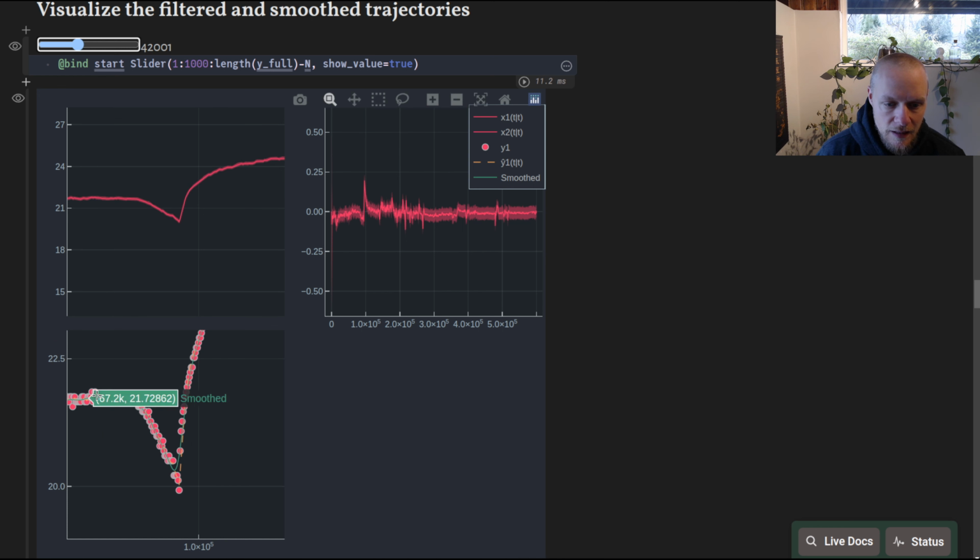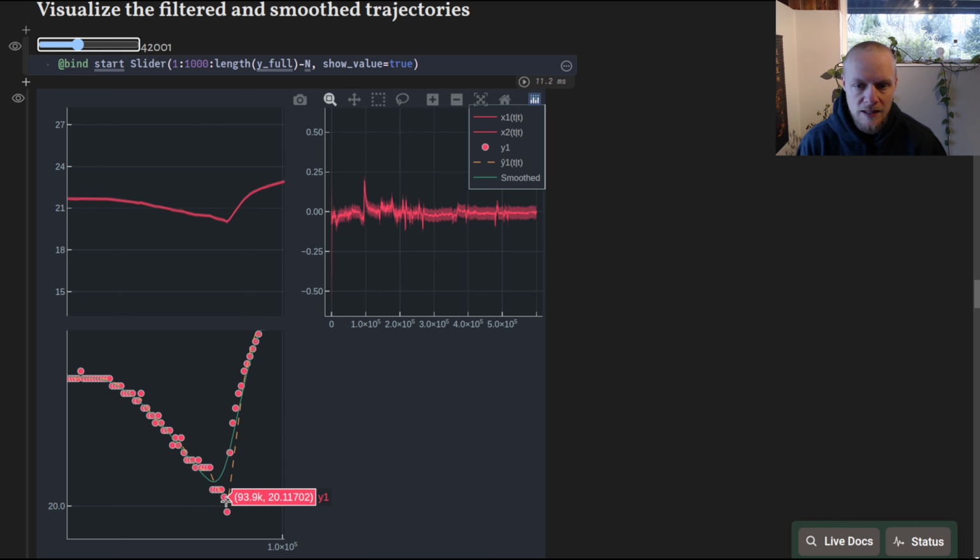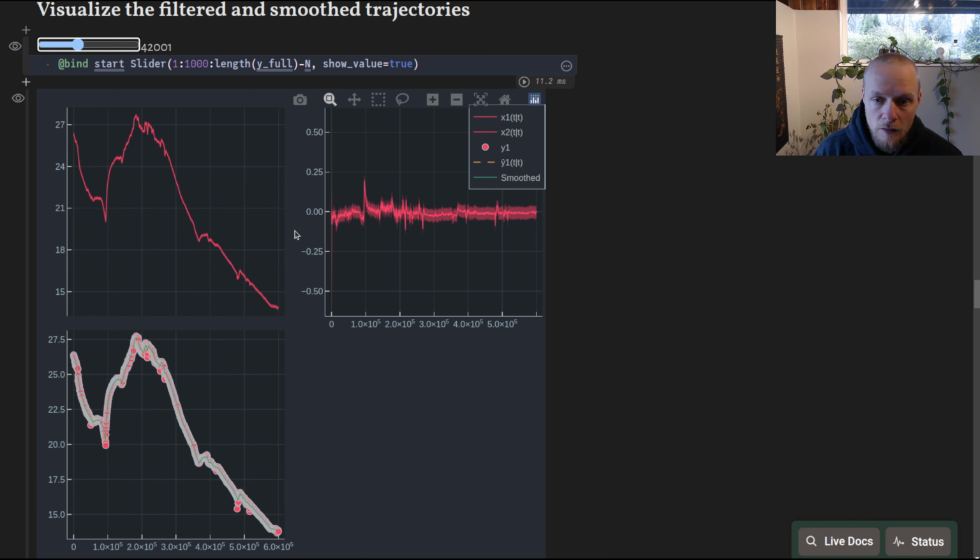We see that here suddenly the temperature does a very rapid drop, and then it goes up again, and we see that the filter finds that okay, but the smoother kind of, yeah, that doesn't seem reasonable according to the current model, so it kind of smooths over that, assuming that's some outlier or some large measurement noise or something like that. All right, so this is how the filter and the smoother behave.